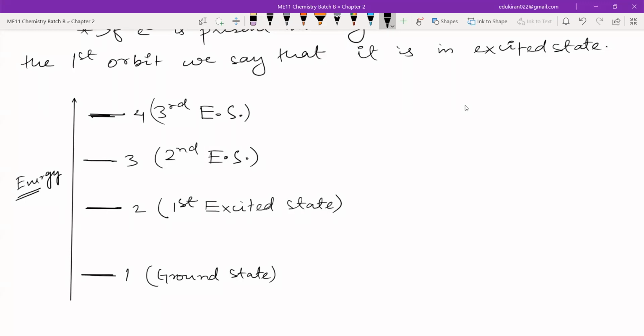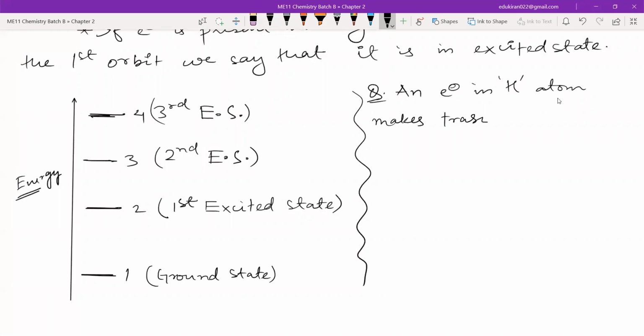Now here I'm asking a question. An electron in a hydrogen atom makes a transition from the fifth excited state to the second excited state.